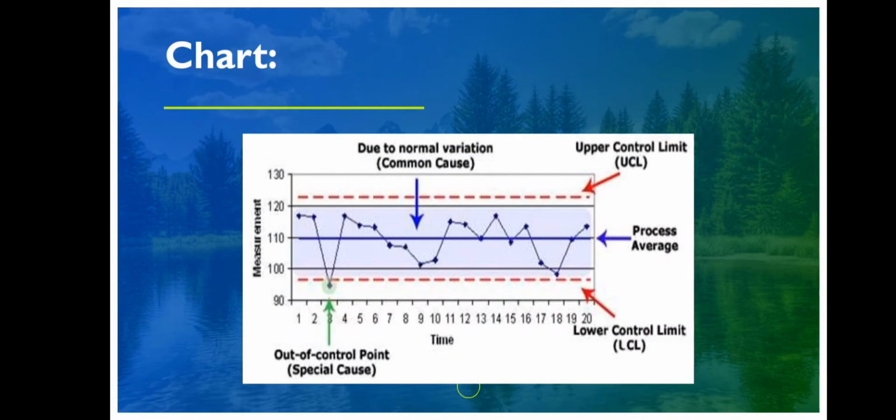The middle line is the average, the upper red line is the upper control limit, that means UCL, and the lower red line is the lower control limit, LCL. If the measurement crosses the red line, like UCL or LCL, that is an out of control point. This is a special case. The violet shaded place is the normal variation.